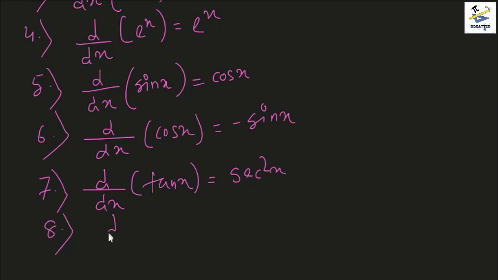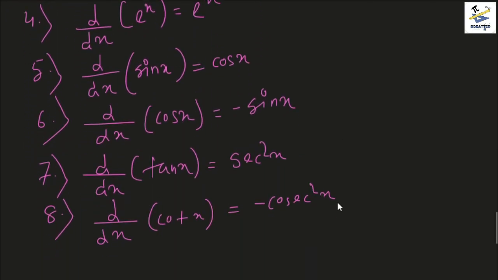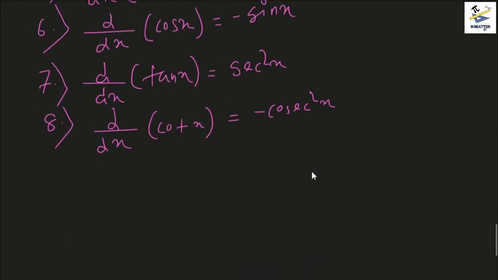Number 8. d dx of cot x would be equal to minus cosec square x. So I think these are some of the basic things, and there are other things as well that you need to know, but for the time being this should work pretty well.